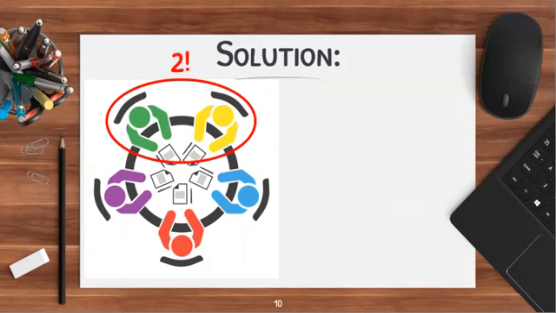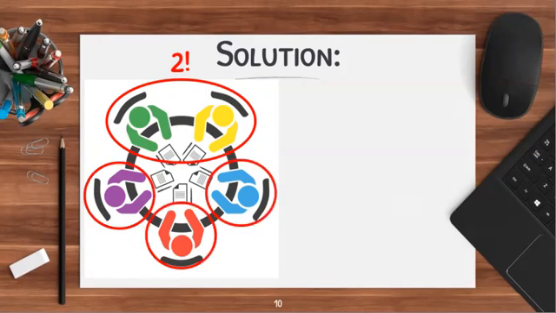And then after po nating ma-identify, tingnan po natin kung ilan na lang yung natitira nating people or positions. So bibilangin po natin kung ilan yung elements po natin dun sa ating permutation or ilan po yung magiging value natin ng n.